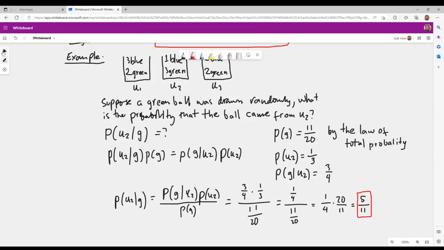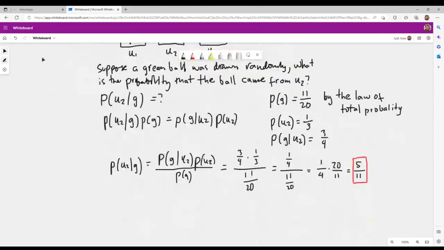To give another quick example, so what if a blue ball was drawn? What is the probability that it came from urn 3?